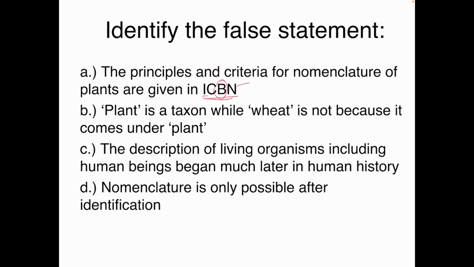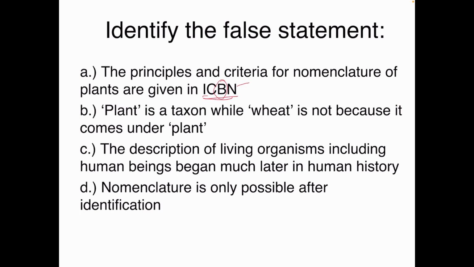Okay, plant is a taxon while wheat is not, because it comes under plant. See, it is very obvious that wheat comes under plant. Okay, so just because wheat comes under plant doesn't mean it is not a separate category. When we are talking of plant, plant in itself is a category, a taxon. But when we are talking about wheat, wheat in itself is a taxon.